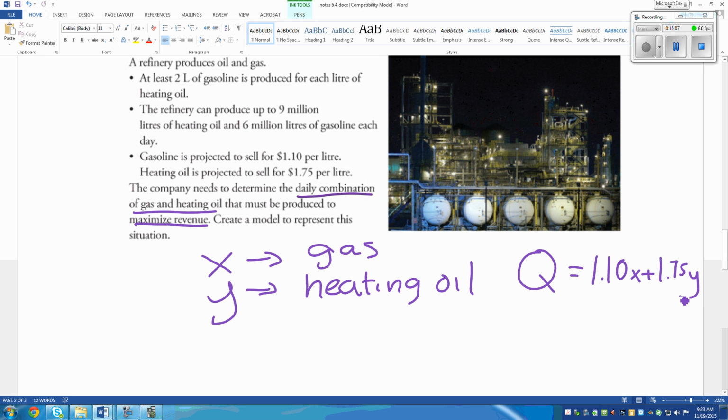Right, that'll figure out your revenue: how many liters of gas times 1.10 plus how many liters of oil times 1.75. That's your Q, right? So we don't put this in our inequality statements because we use it for our Q. Be careful: don't use what you're using for your objective quantity in your inequalities, okay?